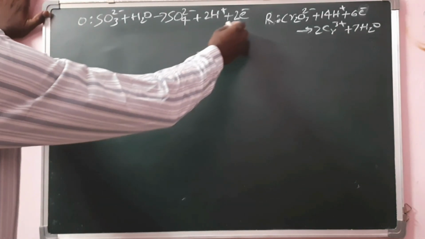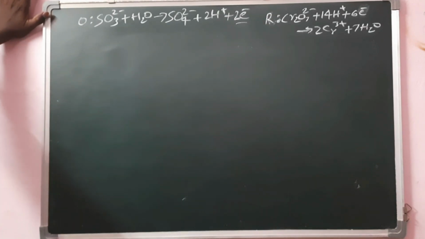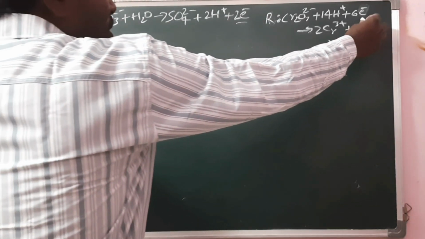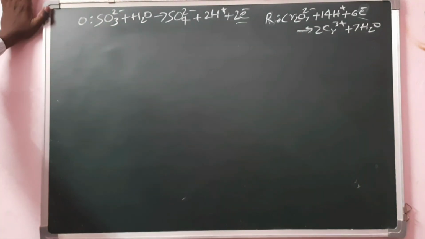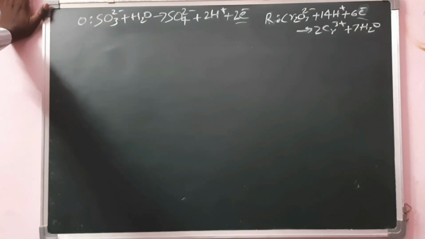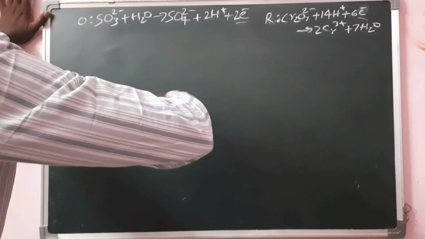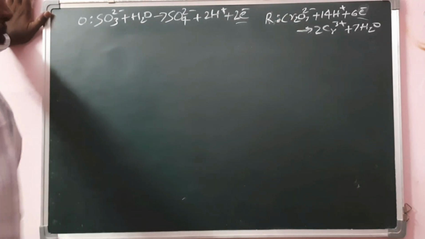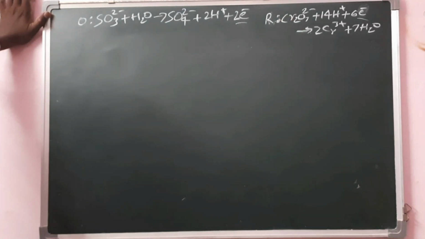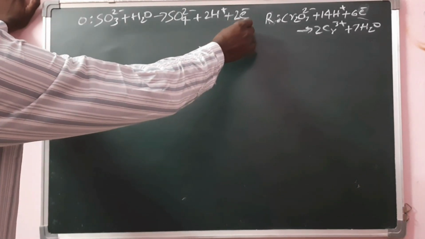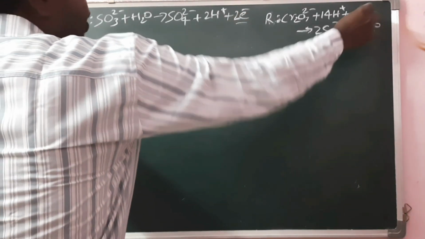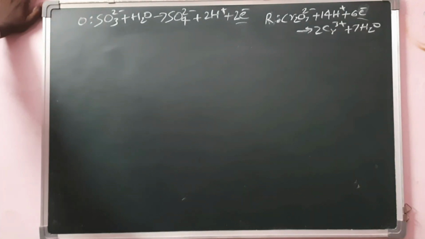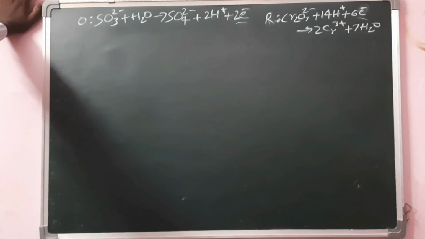In the oxidation half reaction there are 2 electrons, but in the reduction half reaction there are 6 electrons. So make the electrons gained equal to the electrons lost. Now we can equalize the number of electrons in the two half reactions.